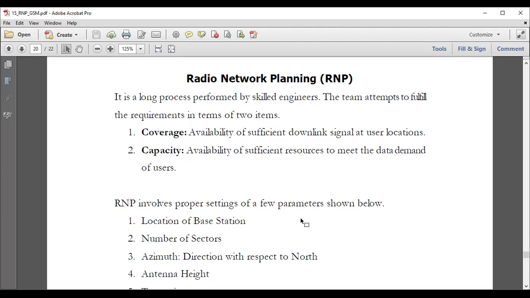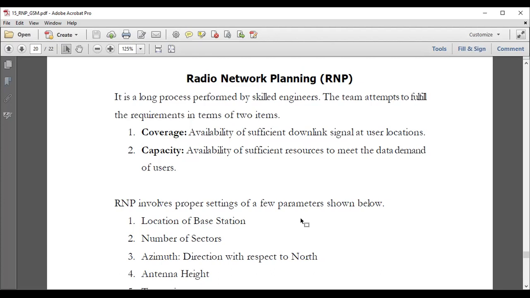So availability of sufficient signals, and this signal, of course, will be estimated in terms of what you receive from the base stations. So the downlink signals.